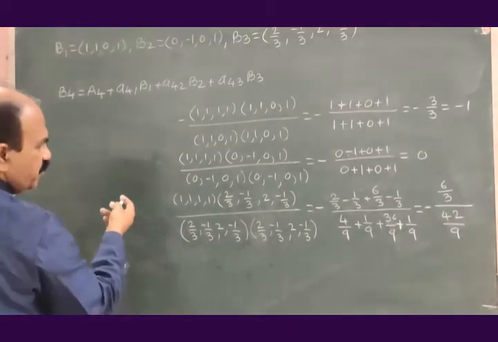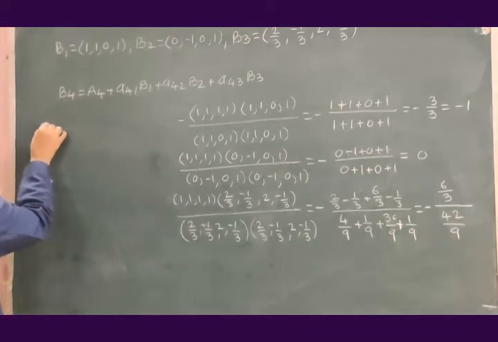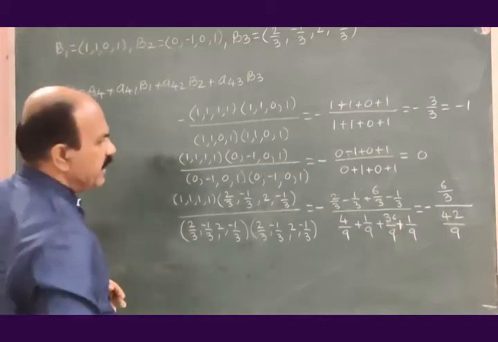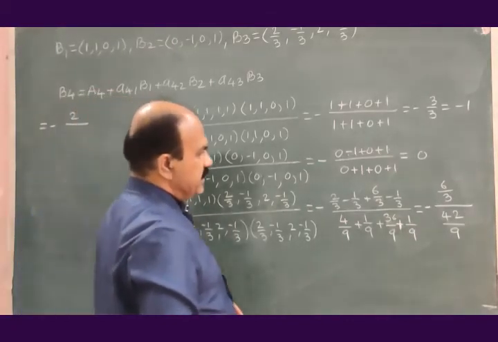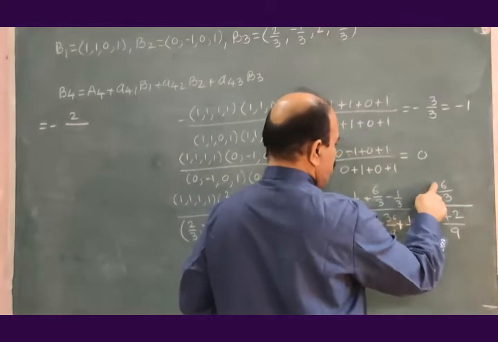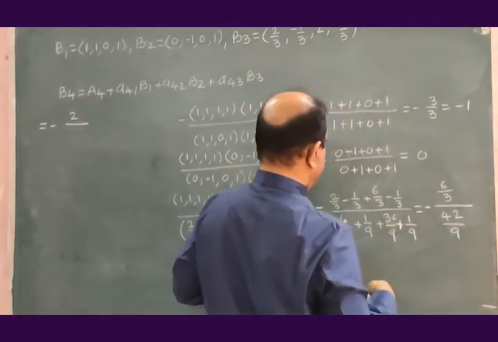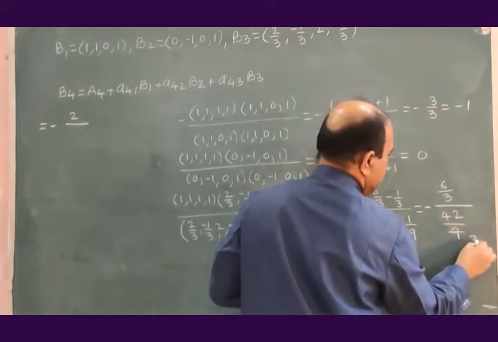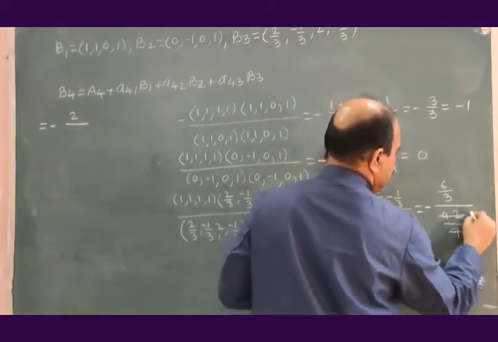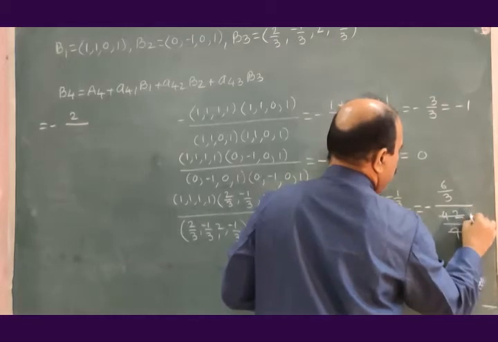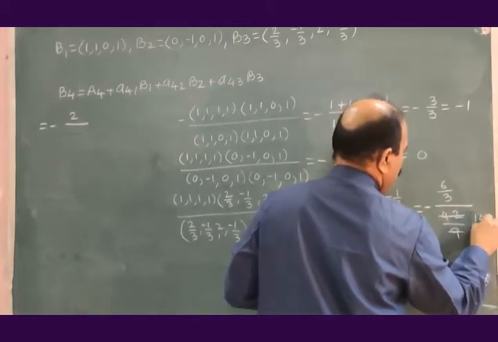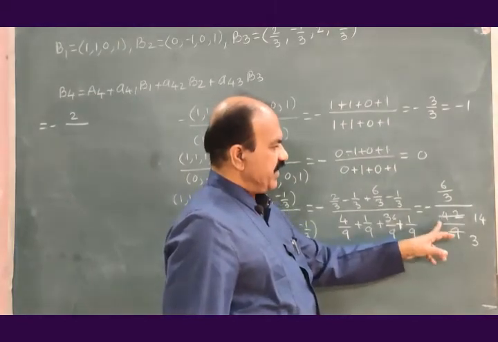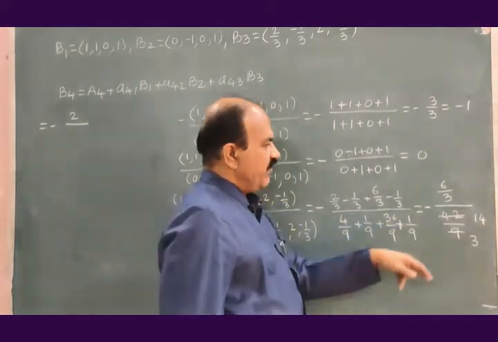6 by 3 is 2 with minus sign, 2 divided by this 3 1s are 3, 3 2s are 6. Okay. Then this 3 3s are 9, 14 3s are 42. 3 3s are 9, 3 14s are 42. 14 by 3.